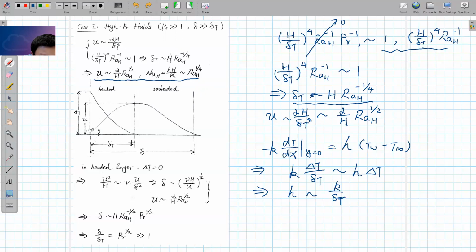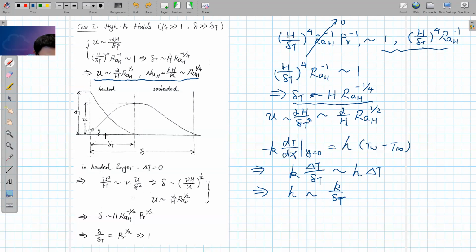This is what the boundary layer looks like for these cases, because the Prandtl number is much larger than 1, which means the velocity boundary layer is much larger than the thermal boundary layer. For the thermal boundary layer, this is a smaller region. If the wall temperature is larger than the free stream temperature, the temperature profile gradually decreases from the wall temperature to the free stream temperature. But for velocity, it's different.